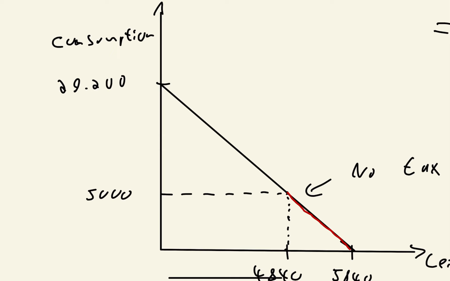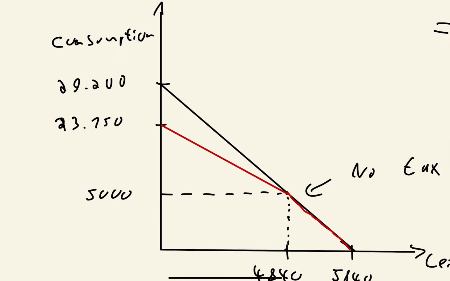Let's put it somewhere here, just to make sure that you see that the budget constraint now becomes flatter. So it's 23,150. Now the budget constraint is going from here to here, to this point.